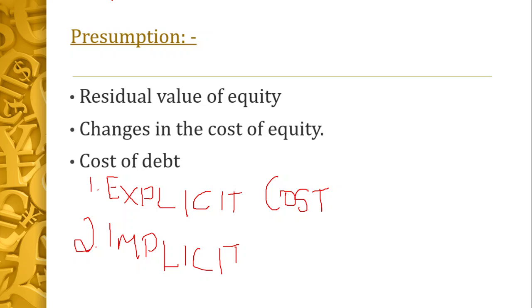The more interest you pay on the debt, the less tax you would be paying. So under the net operating income approach, if we consider corporate tax, the optimum capital structure of the company would be the position when it is 100% made out of debt.